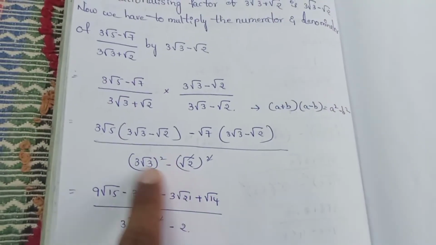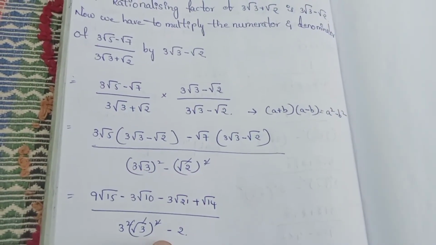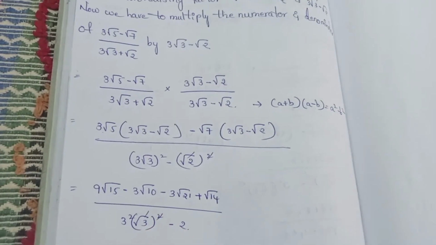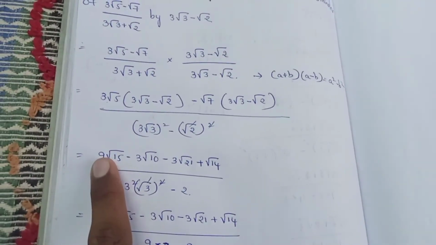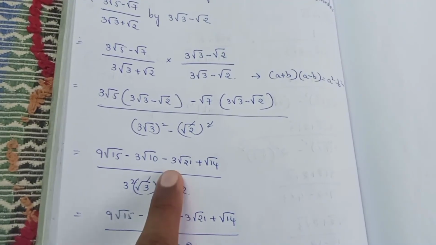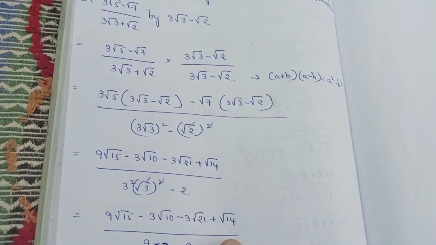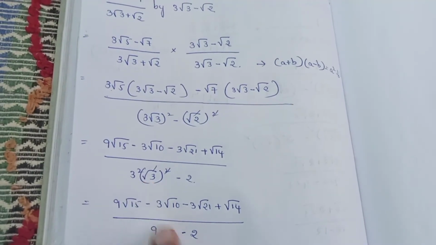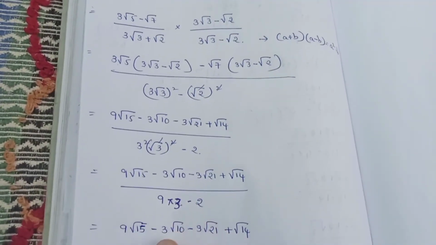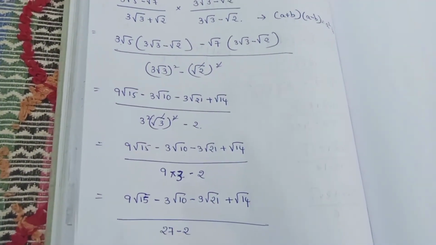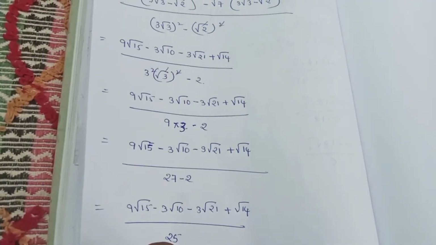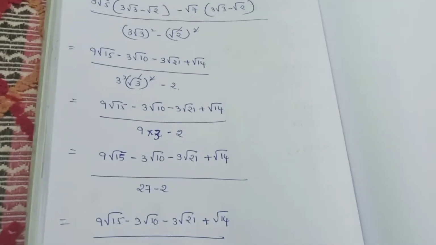In the denominator, 3 root 3 whole square minus 2 square, square and root cancel. So 9 root 15 minus 3 root 10 minus 3 root 21 plus root 14, by 3 square means 9 into 3 minus 2, 9 threes are 27, 27 minus 2 is nothing but 25.